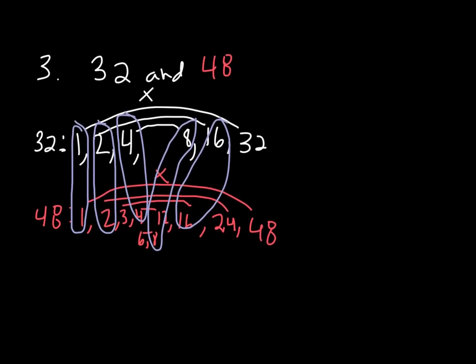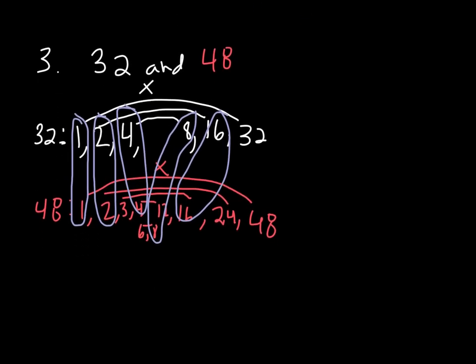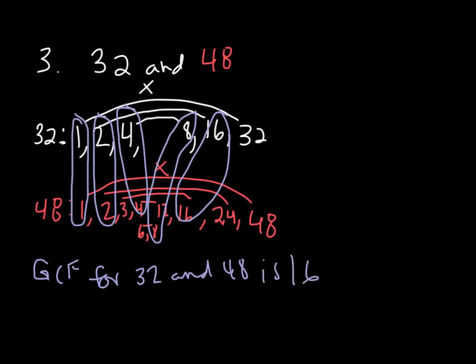So step number 3, your GCF for 32 and 48. The biggest number they have in common, if you look here, is 16. 16 is the biggest number they have that is the same.